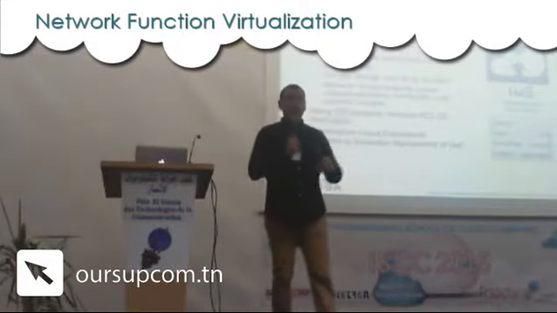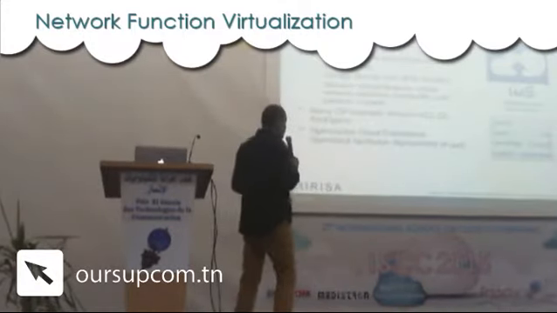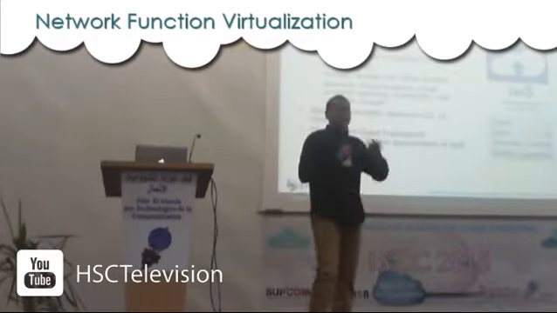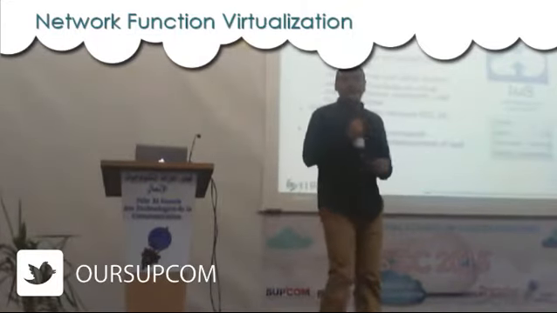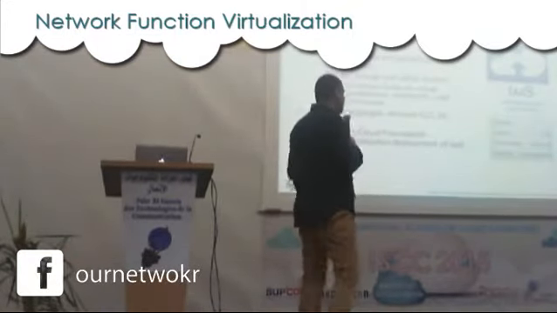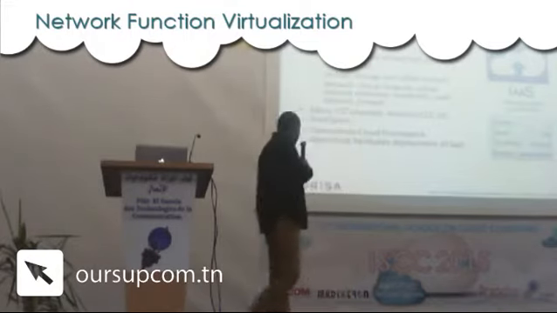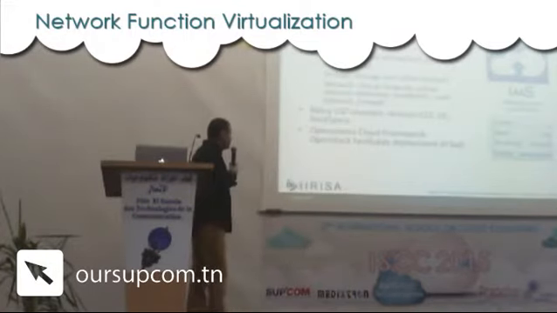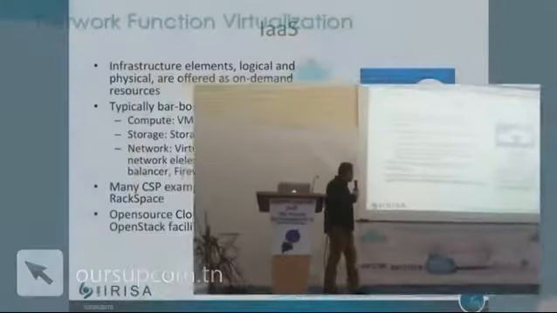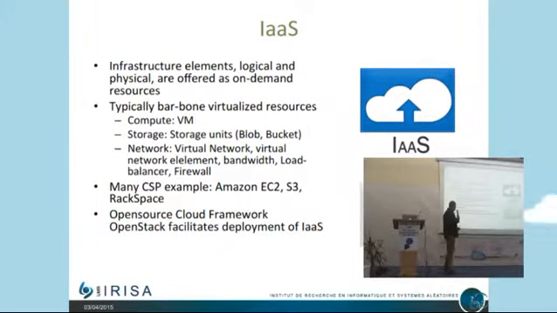We are talking about objects. Most of the cloud frameworks are using objects. For instance, Microsoft's storage is based on blobs, and Google is using buckets. Also, we are creating network virtual elements. We are creating bandwidth, firewalls, and so on, and all will be on the cloud.